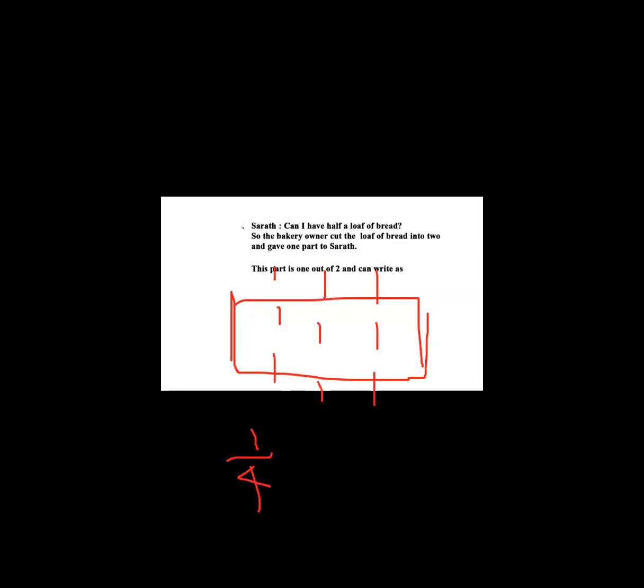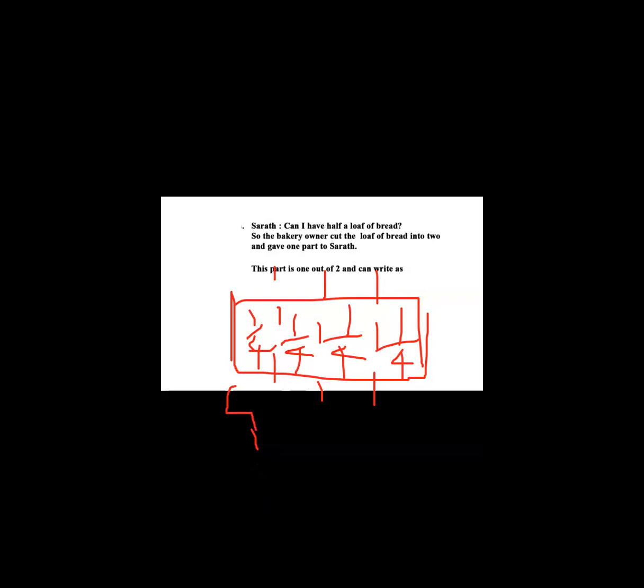So I'll explain later, but I just explained how we can divide a loaf of bread into 4 equal parts. Then when we get this one part, it is 1 over 4. This is also 1 over 4. This is also 1 over 4. This is also 1 over 4.